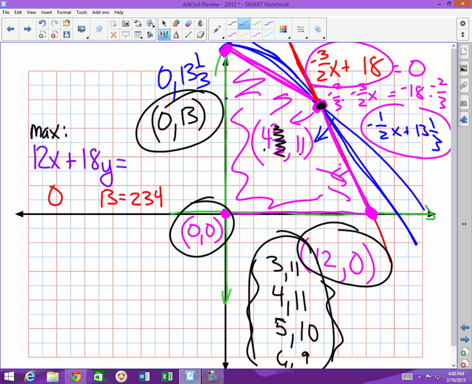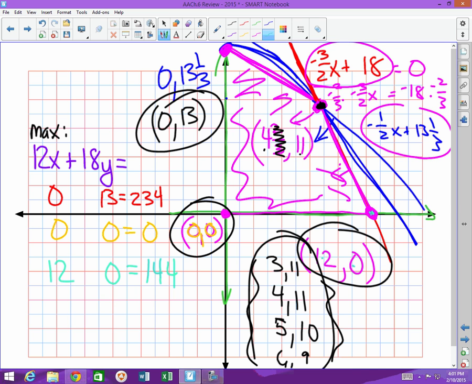Don't think that's going to be enough, but you never know. Then if you put 0, 0 in, that is 0, and I know that one is not enough because 234 is bigger. Then if you try this one over here, which is 12, 0, that is going to be 144. That is not bigger than 234 either.